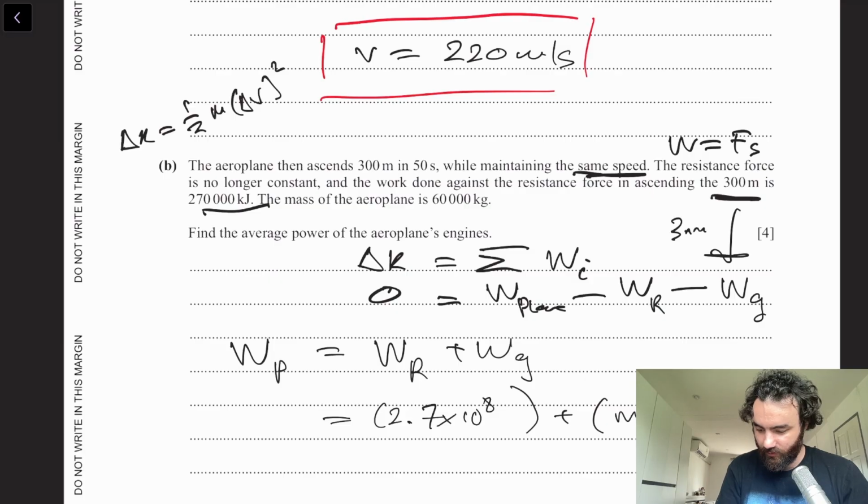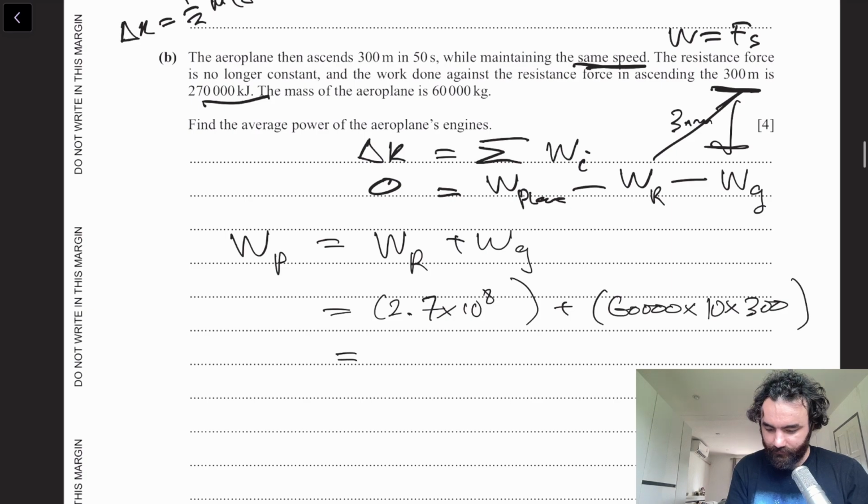So the displacement here will be 300. So our S here will be 300. So this is our force times displacement. The force in this one is mg, and this is 300. So mg is just 60,000 times 10 times 300.